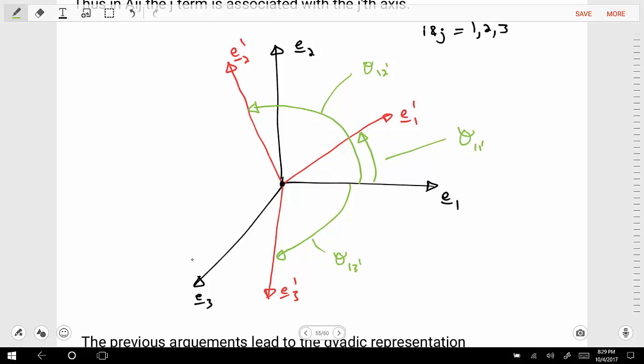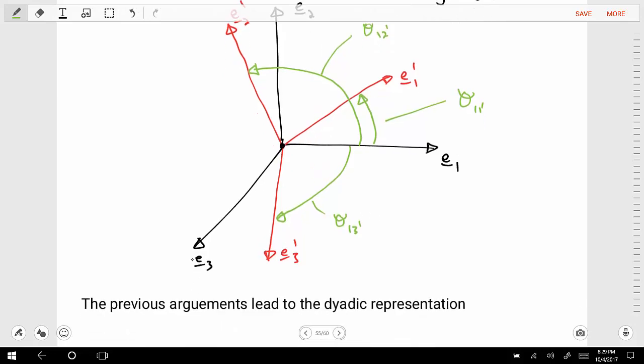And we can continue this process and see that the transformation tensor is simply describing the cosine of the angles between the original coordinate system, our original base vectors e_i, and our new base vectors e_i prime. That transformation process.